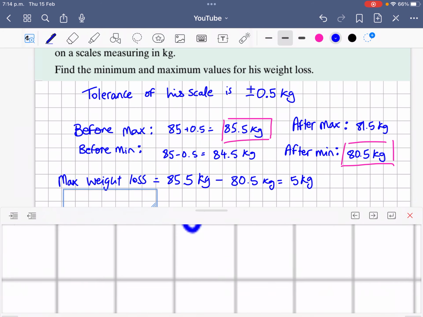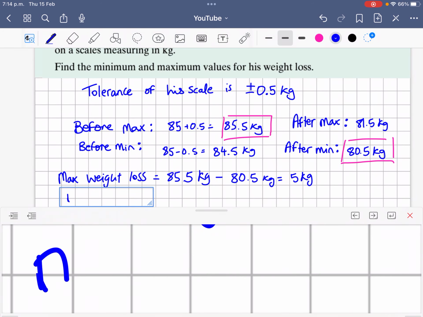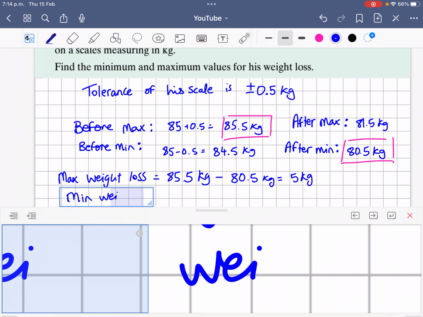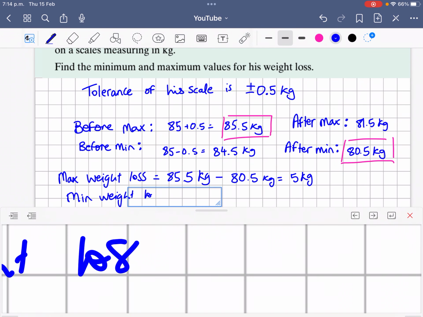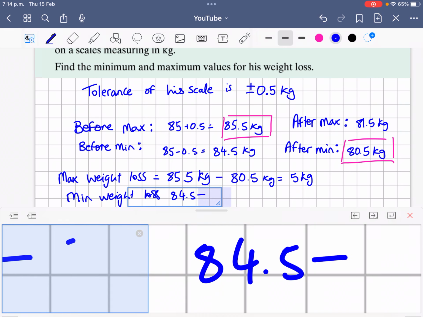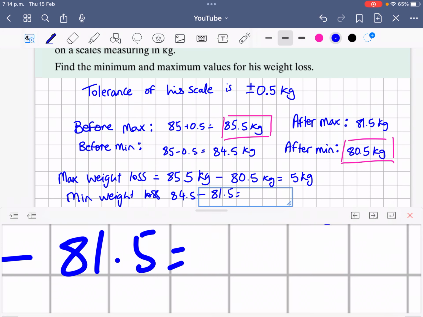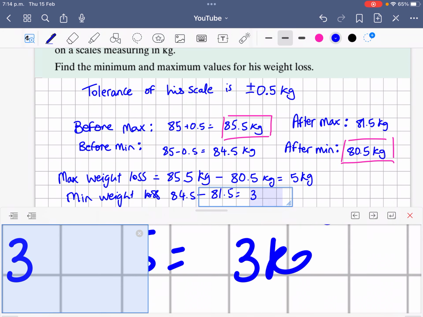So he could have lost a maximum of 5 kg, or a minimum. We'll do it quickly. So we have 84.5, take away 81.5, he could have lost 3 kg.